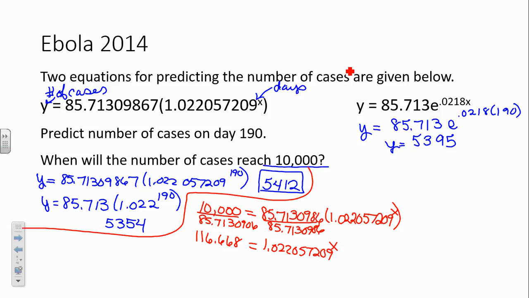The inverse of exponential is log, so we take a log base 1.022057209 of 116.668, and do the same thing on the other side.